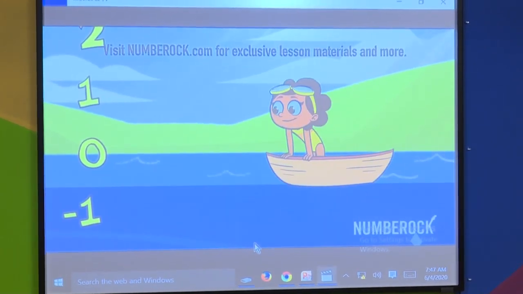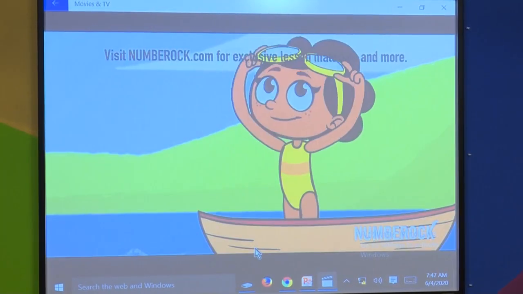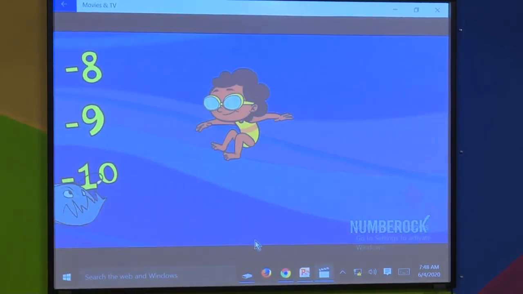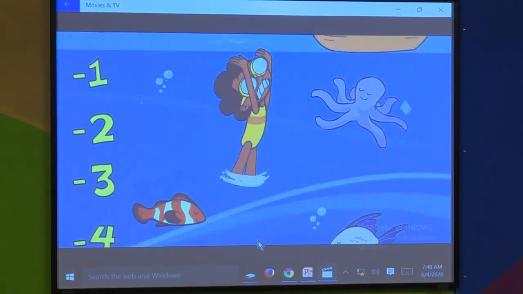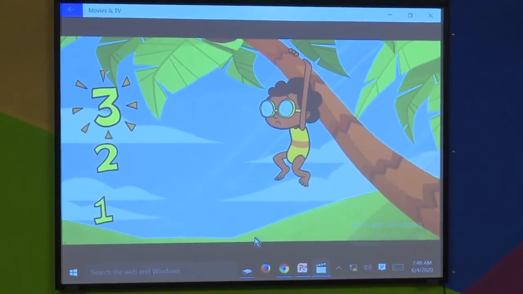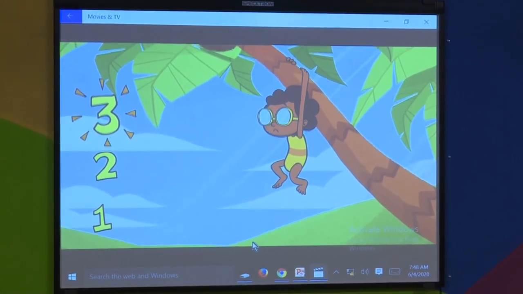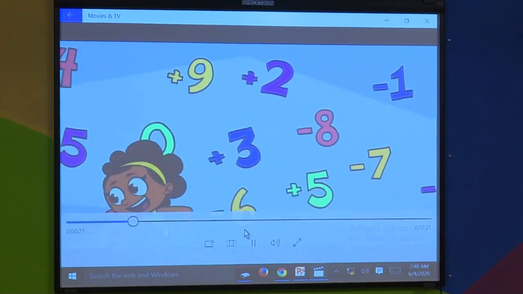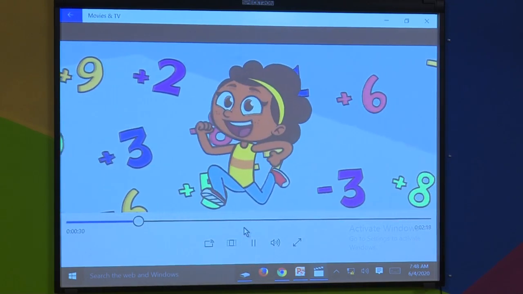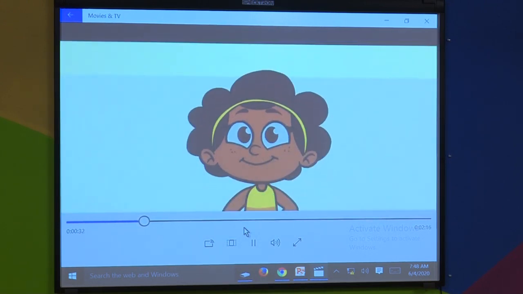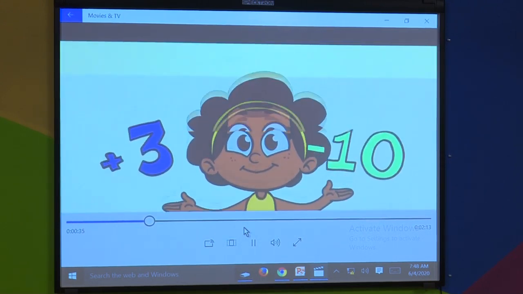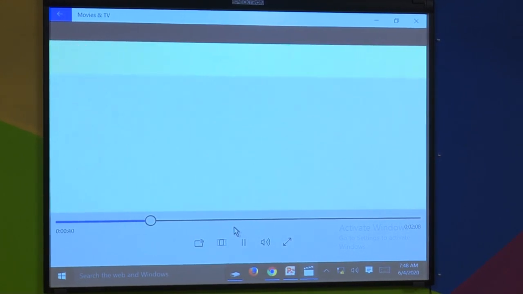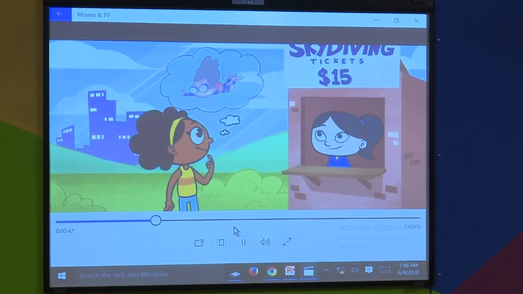The ocean level starts at 0. I hold my breath and down I go. I get to -10 feet, and I'm scared of the deep. So I swim up 13 to get to +3. We will always remember to define an integer as a positive or negative whole number. I tried to buy a ticket to skydive.